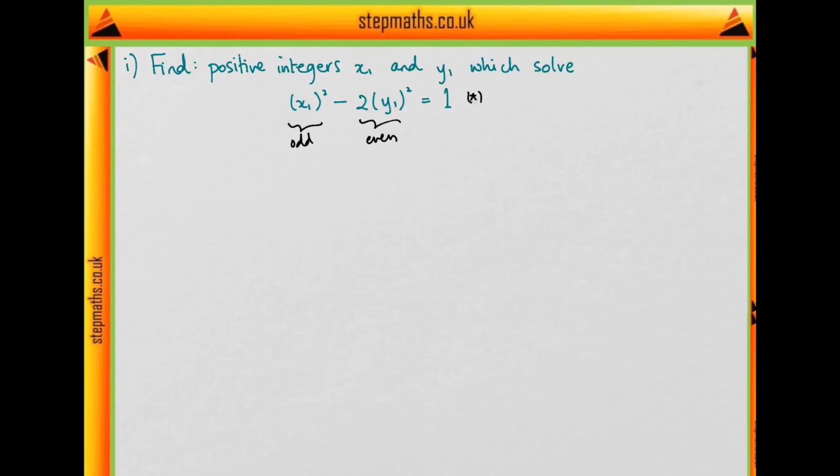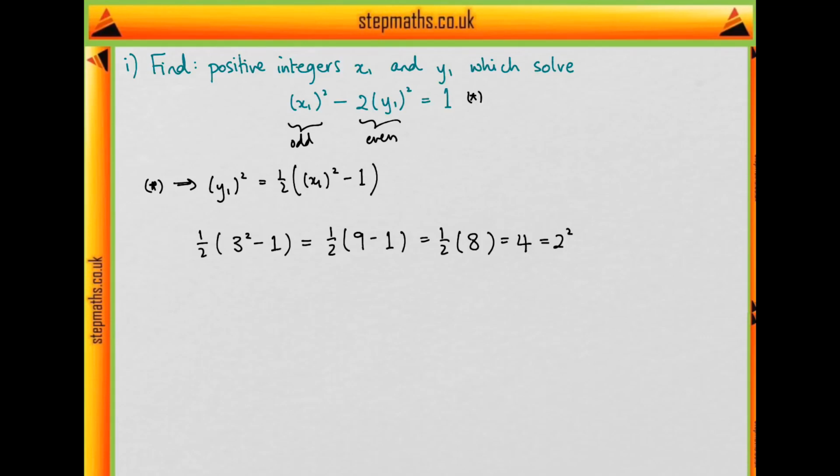So if I call this equation star, then star tells us that y1 squared is a half of x1 squared minus 1, just by rearranging to make y1 squared the subject. And so if we just look at all of the odd square numbers and look at a half of the number 1 less than each odd square number, then we don't need to go very far to see that actually a half of 1 less than 3 squared is 4, which is a square number.